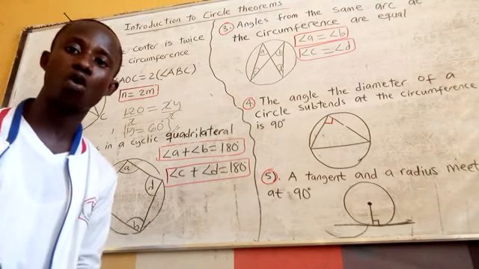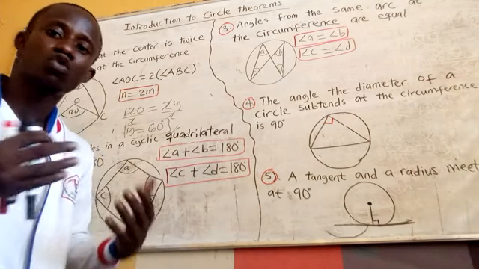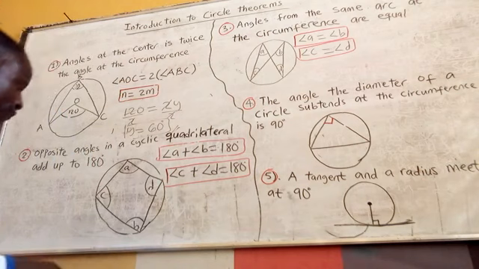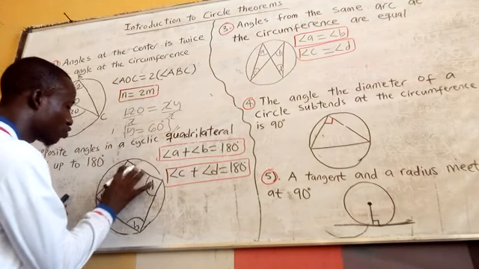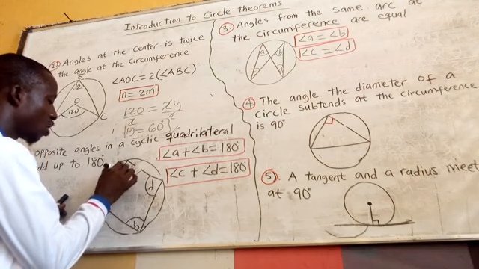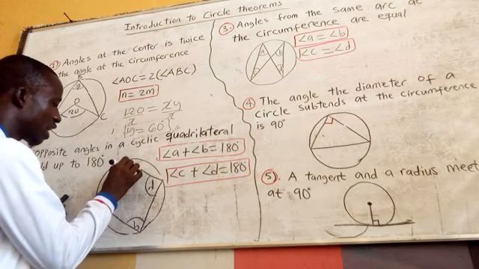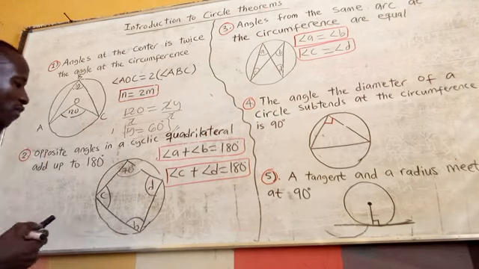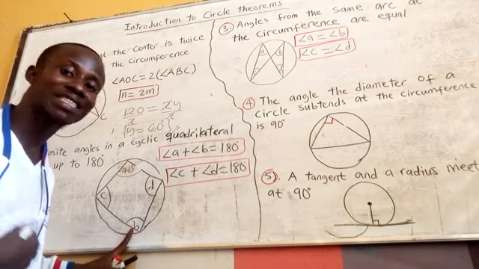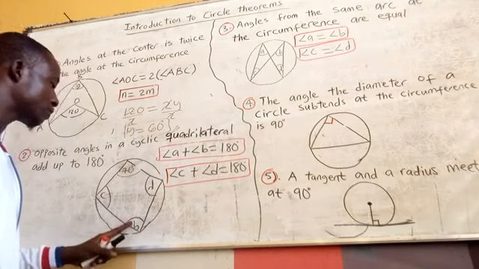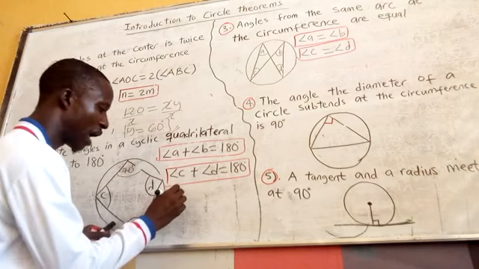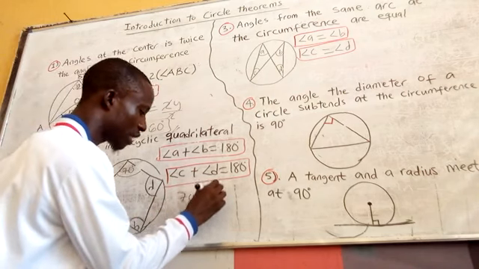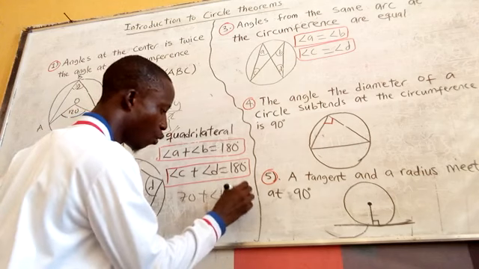Now, for the sake of simplicity, let's do it in another form. If the value for A was given to us as, let's say, 70 degrees, what will be the value for B? I know that 70 plus B should give me 180. So 70 plus angle B is equal to 180.